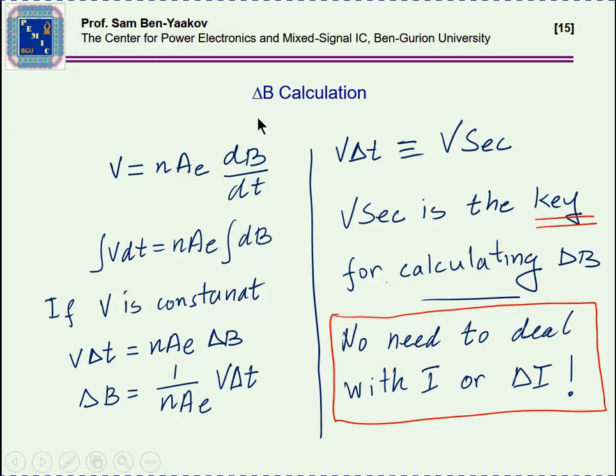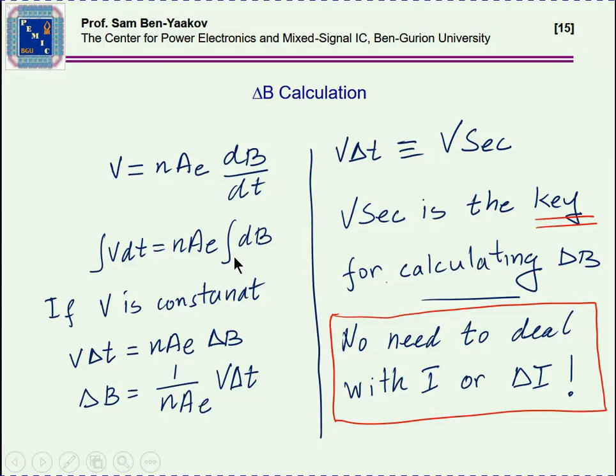So the question is, how do we calculate delta B so we can estimate the losses of the core? Now we start off with this relationship: V is equal to N times Ae, the cross-section area of the core, times dB/dt.